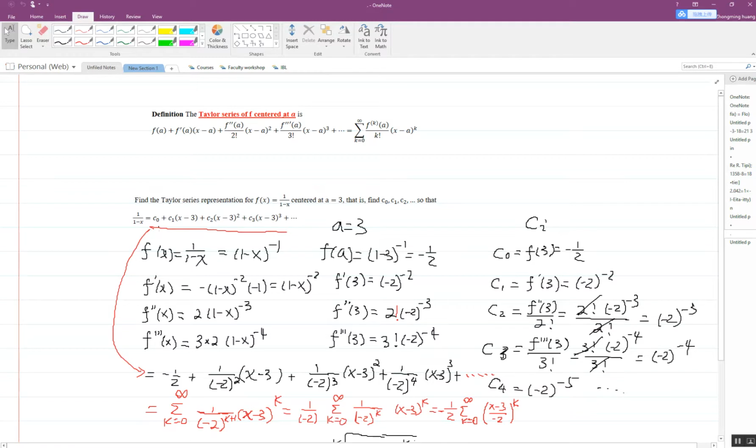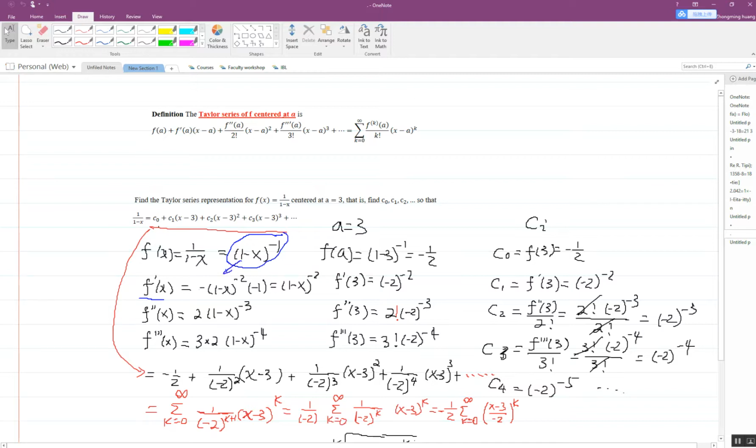In the first column, I'm going to find all the derivatives. I begin with f of x, which is 1 over 1 minus x. It will be nice to write this in power form, which is easier for finding the derivative in the next step. Then f prime is equal to the derivative of this.